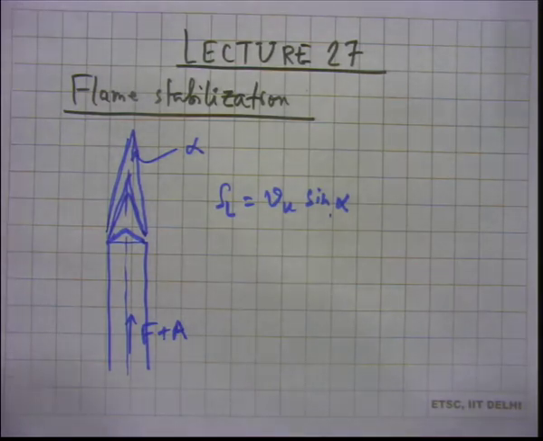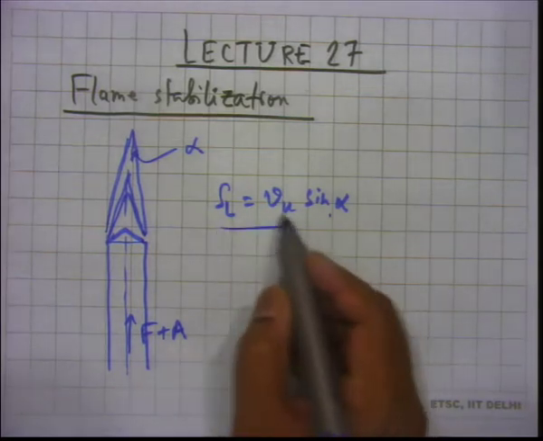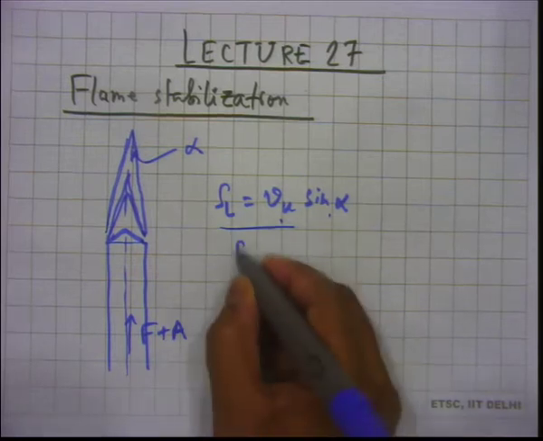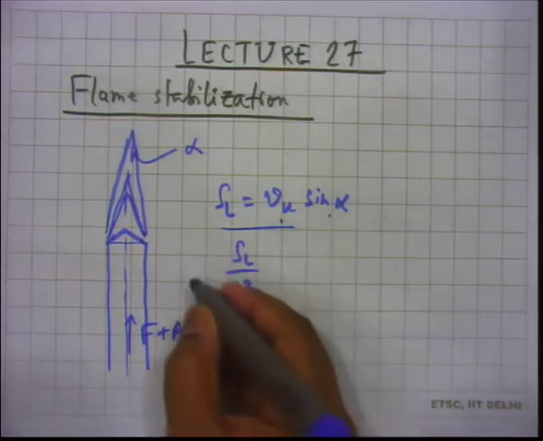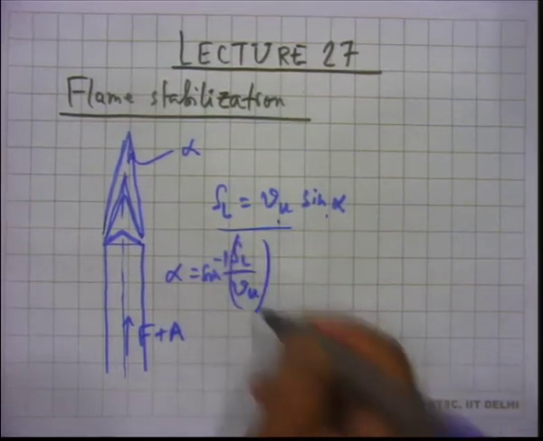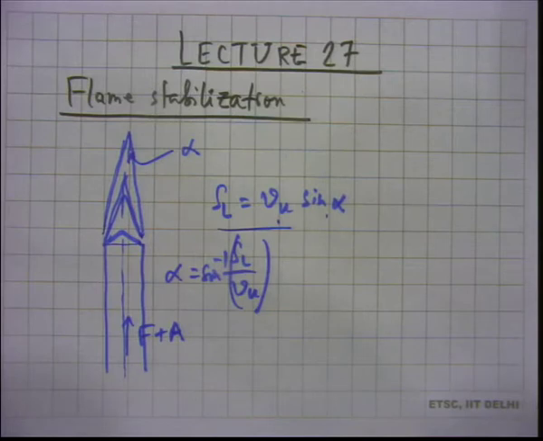The cone angle will keep on decreasing according to this equation, because as you increase VU, VU sin alpha will always have to match SL, so alpha has to keep decreasing. That is what we discussed last time.